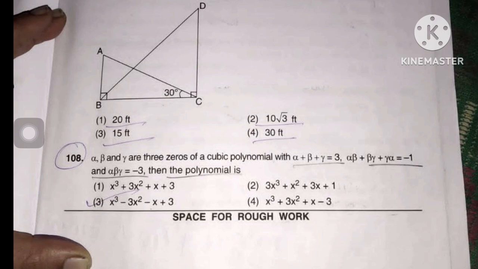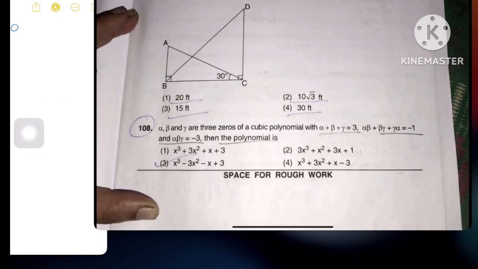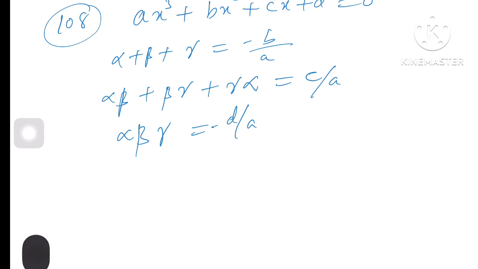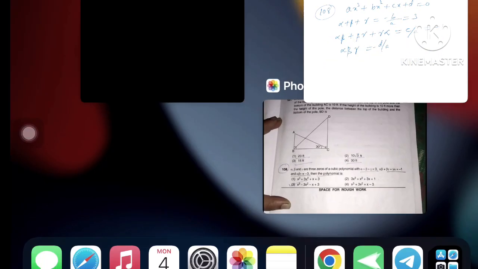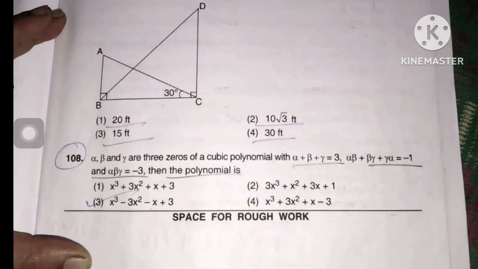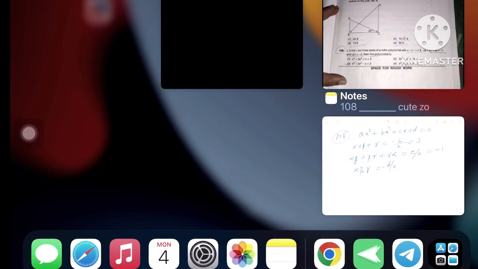Now according to the numerical, alpha plus beta plus gamma is given to be 3. Alpha beta plus beta gamma plus gamma alpha is given to be -1, and alpha beta gamma is given to be -3.